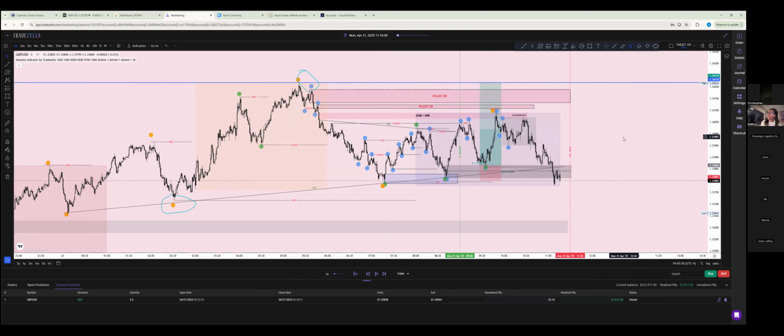Honestly, I like limits simply because it makes me feel that I was more accurate with my markings versus market execution. Sometimes you're more prone to FOMO into the market when you do a market execution versus limit.